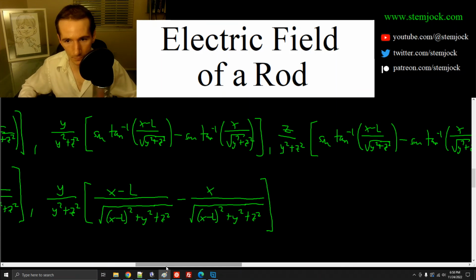And the third component is going to be the same thing, but with a z over y squared plus z squared.